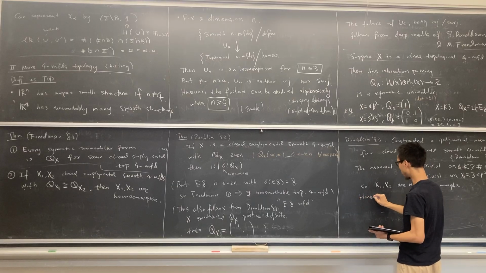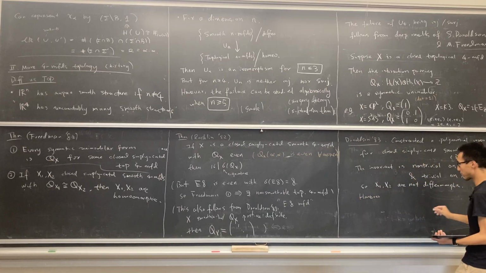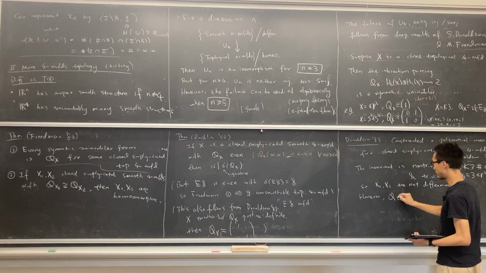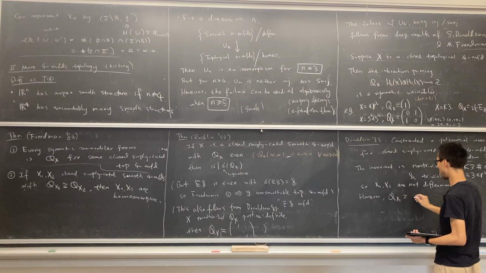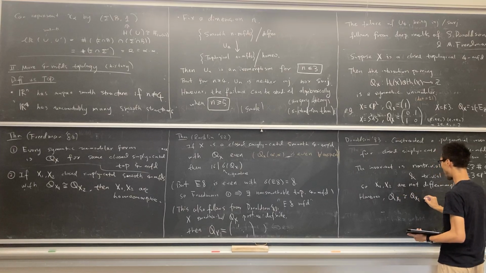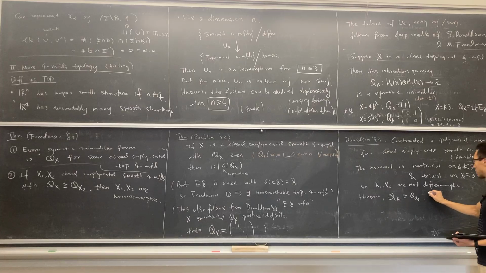However, it turns out that I chose those numbers so that the intersection forms of X1 and X2 are isomorphic. So Freedman's theorem implies that X1 and X2 are homeomorphic.